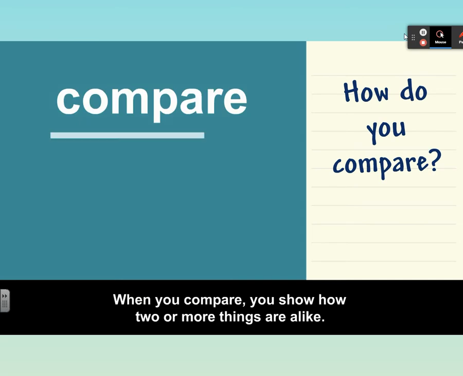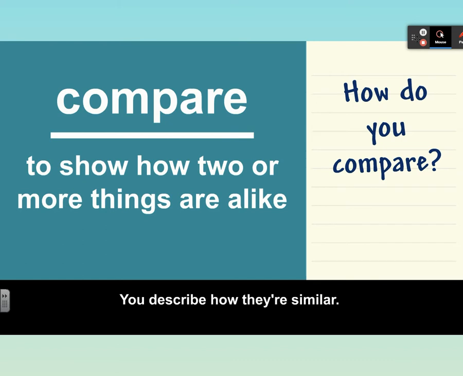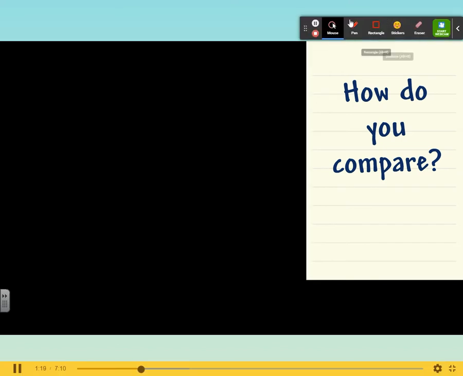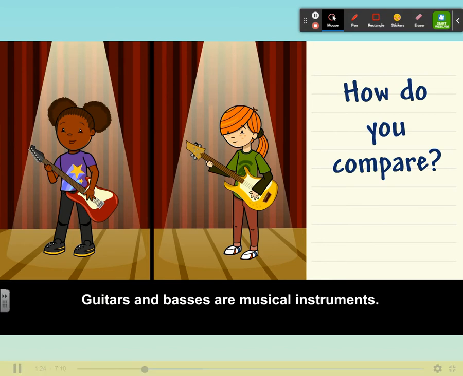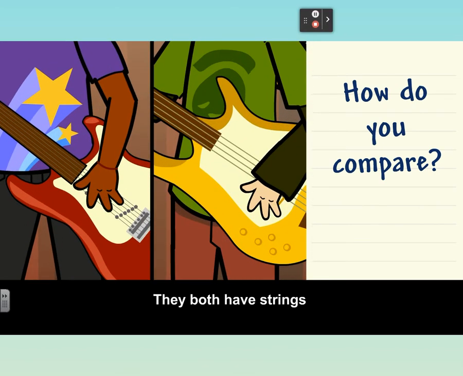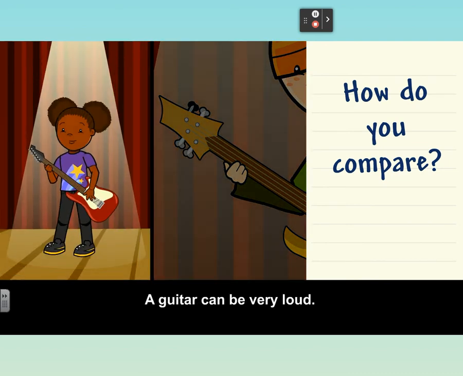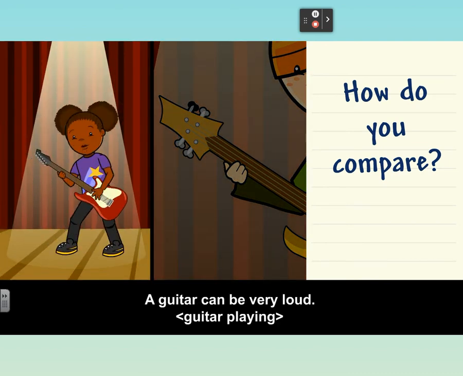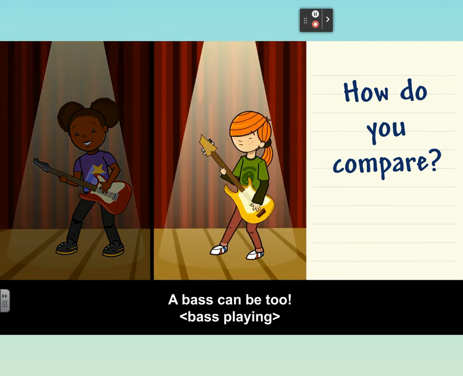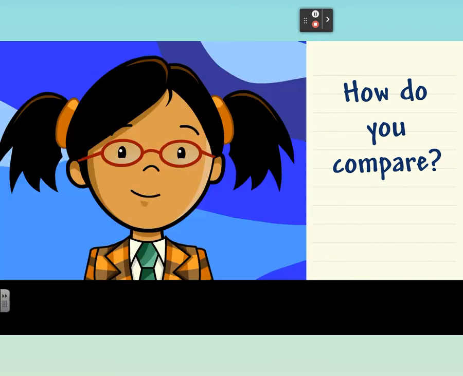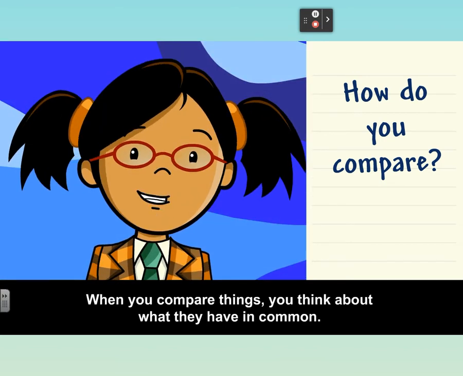When you compare, you show how two or more things are alike. You describe how they're similar. Let's see. Guitars and basses are musical instruments. They both have strings and a neck. A guitar can be very loud. A bass can be too. When you compare things, you think about what they have in common.